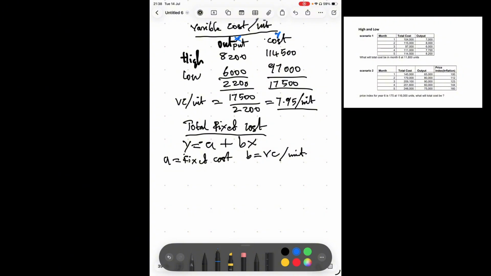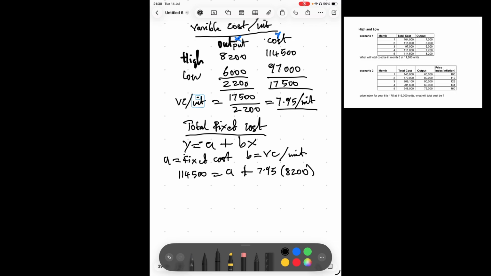So if I slot it into this formula: 114,500 is equal to a, which we are looking for, plus b, which has been calculated as 7.95, times x. Since we took 114,500, the high, we also carry the corresponding x, 8,200, that's the corresponding output. So we can solve for a.